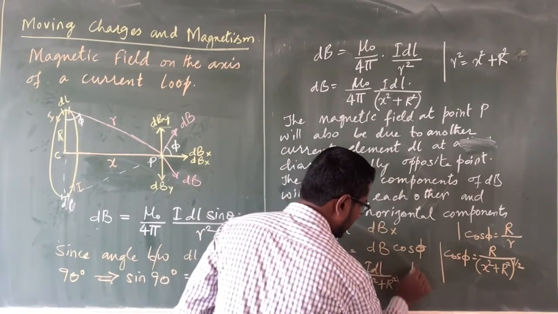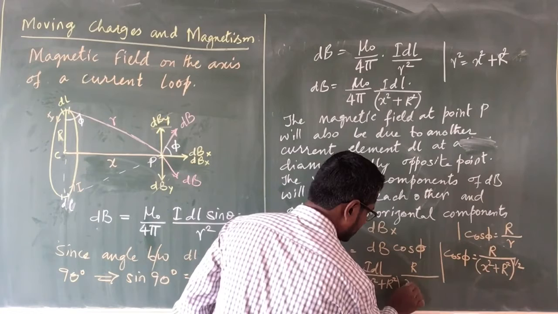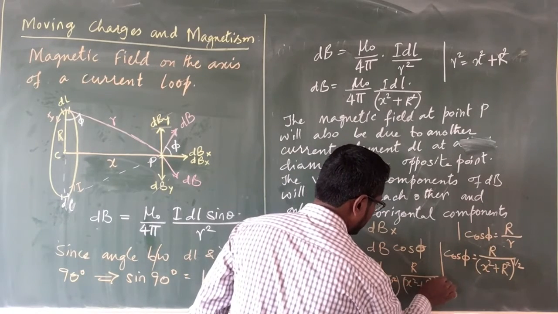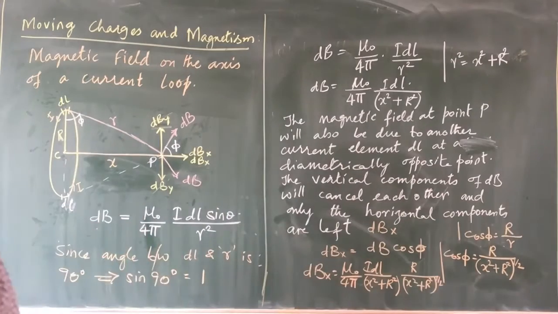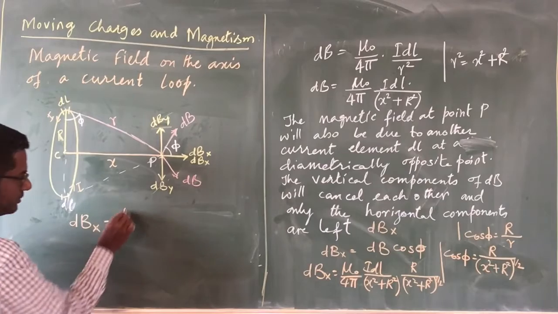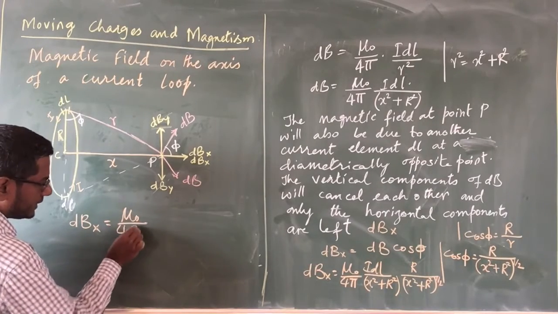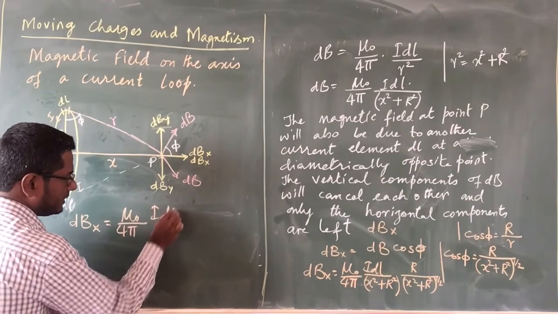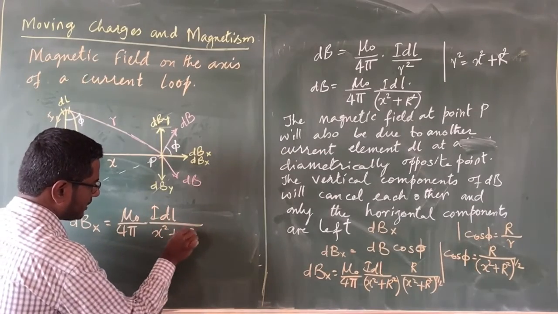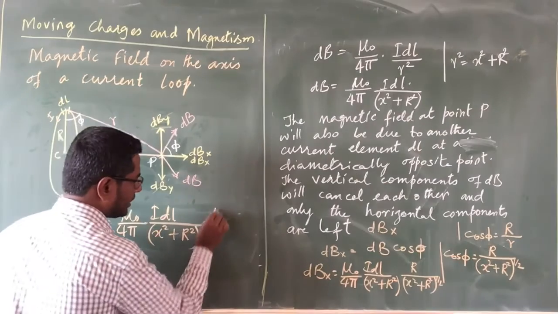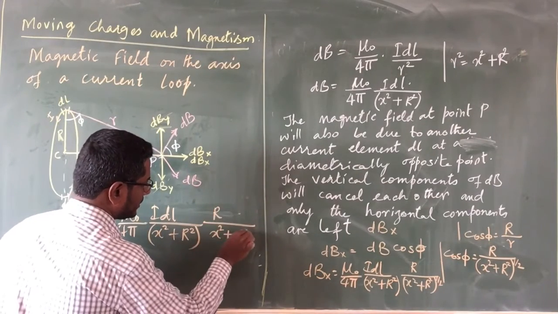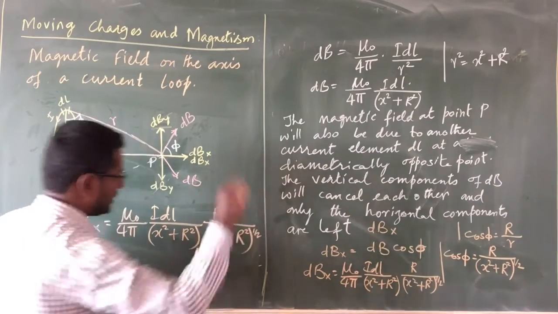So dBx is equal to mu naught by 4 pi, I dl divided by x square plus R square, into R divided by x square plus R square to the power of half.